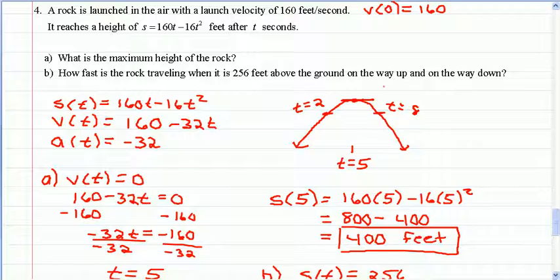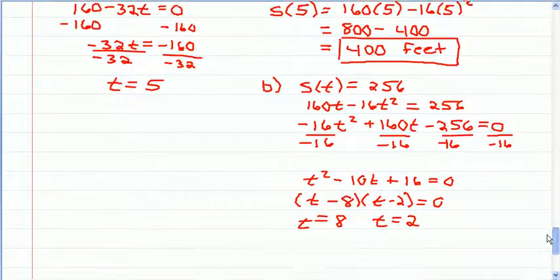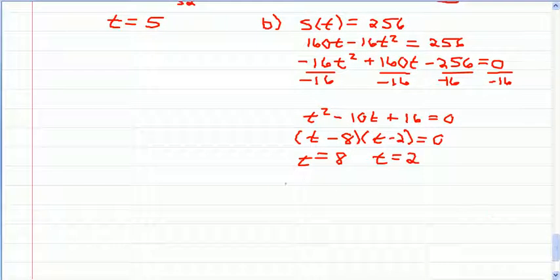So the question is asking for how fast is the rock traveling. So I take t equals 2 and t equals 8 and substitute them into the velocity function to find their speed. So I take v of 2 and v of 8.